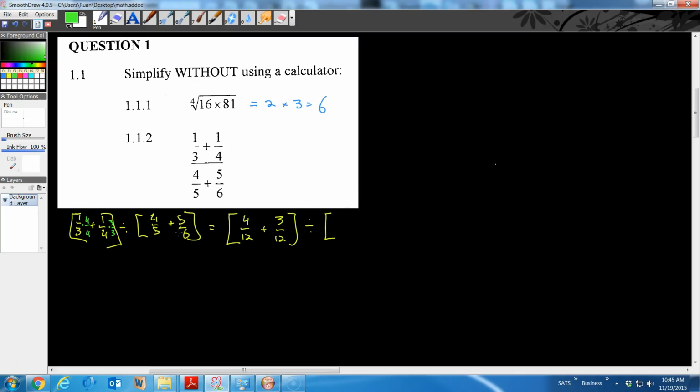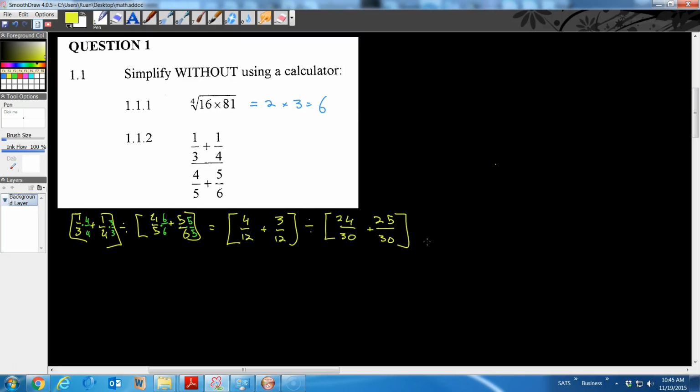I want to change the base to 30. 5 times 6 is 30, which is also the least common denominator. So this one's 6 over 6, this one is 5 over 5. I'm going to multiply each term by that. So 4 times 6, 24 over 30 plus 25 over 30.